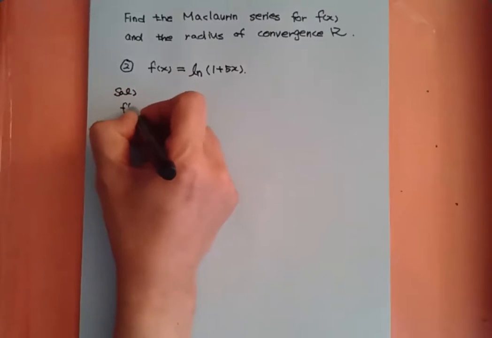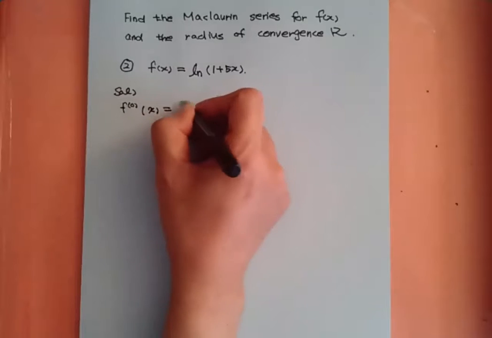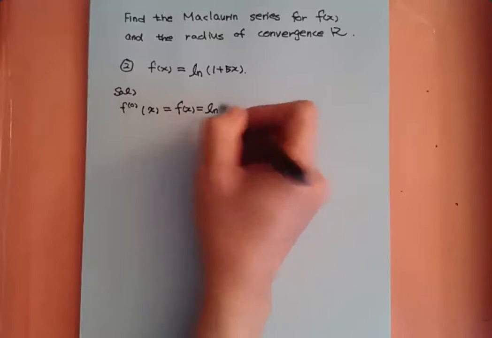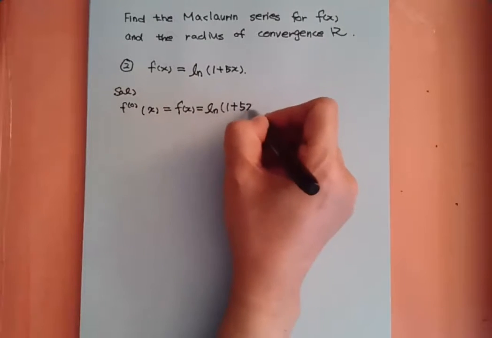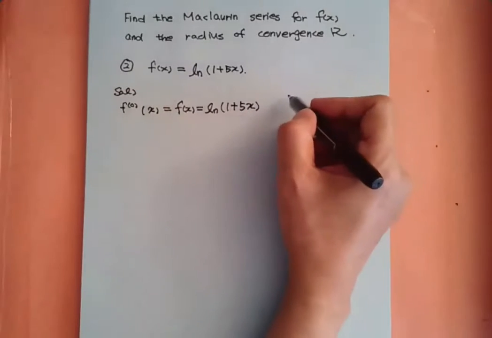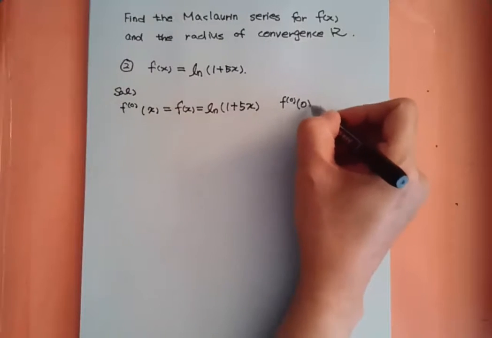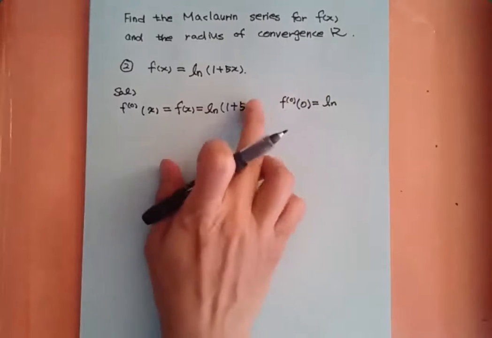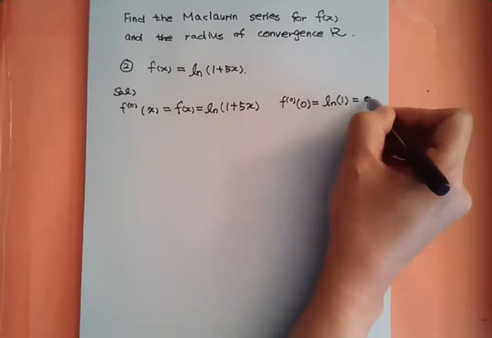The original function is just the 0th derivative. We didn't differentiate. So that is natural log of 1 plus 5x. The 0th derivative at 0 is natural log of 1, which is 0.